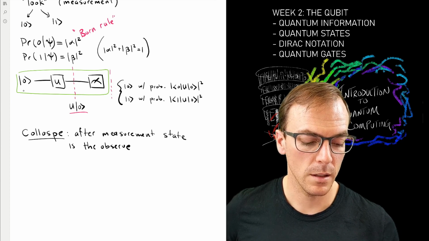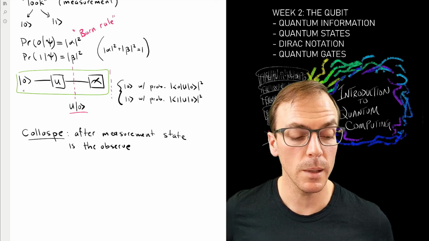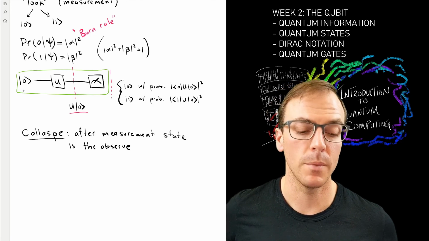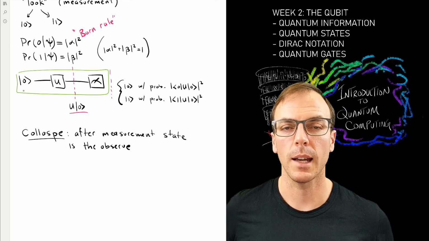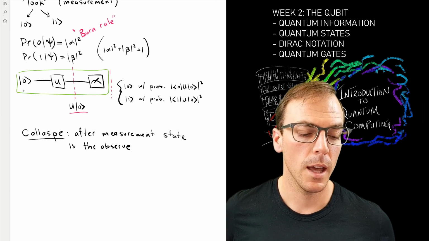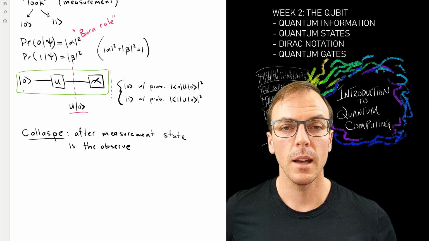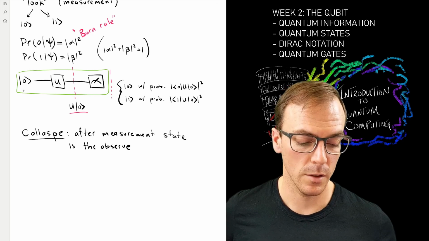So if I have a qubit in any state psi, and I perform this measurement, or I look at it, or I want to read my quantum information, I get either 0 or 1, and the state of the qubit after performing that measurement is the one that I observed.